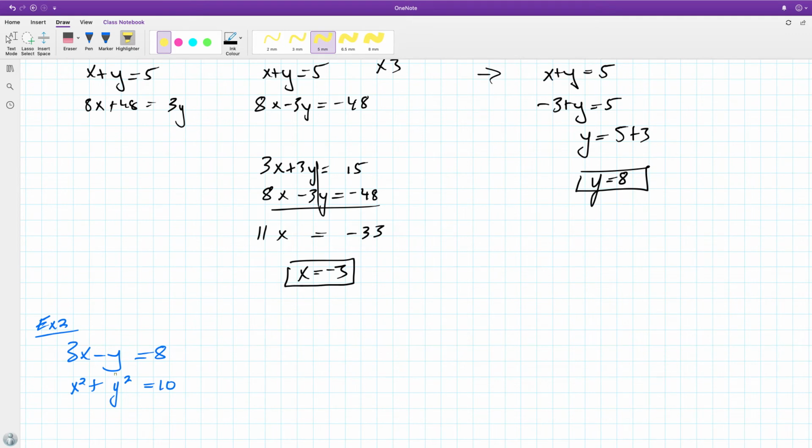So as I said, take out y and get a value for y. It'll be easier. You won't have a fraction in it.